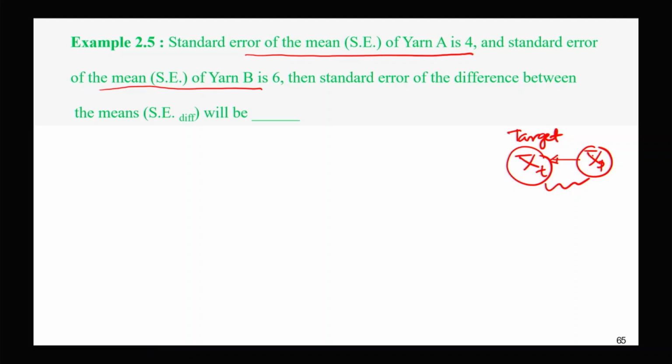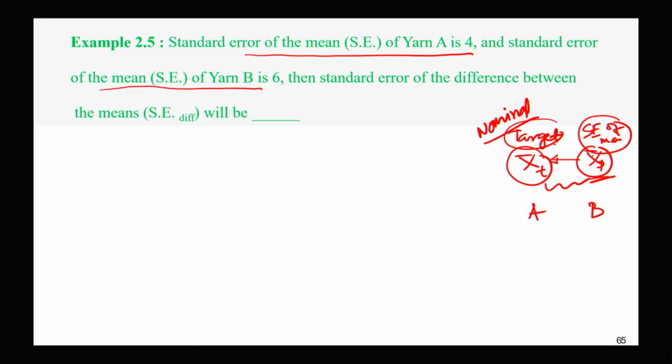That is one aspect. Another aspect: suppose two machines are producing the same product, but we are getting two different values, machine A and machine B. In the normal case, when a target or nominal value is there, we use the standard error of mean, because only one standard error will be available.